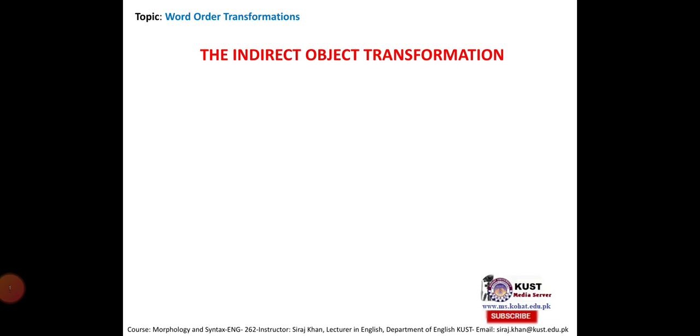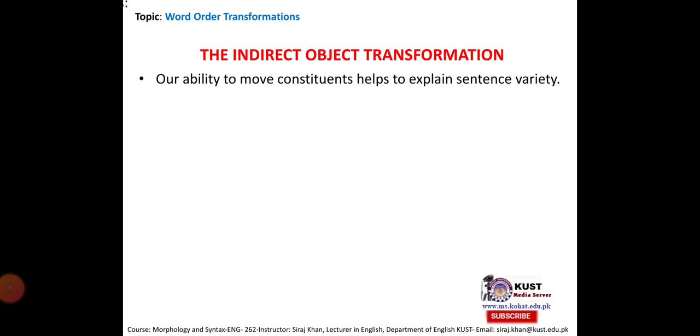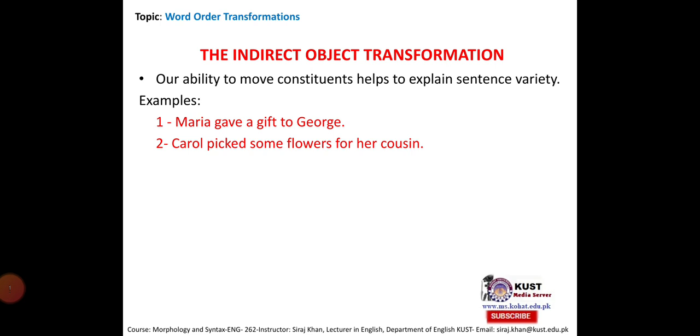For example, we can take Maria gave a gift to George. Carol picked some flowers for her cousin. Both of these sentences contain a transitive verb and belong to the type V pattern.